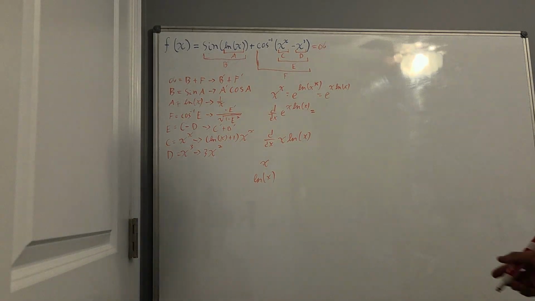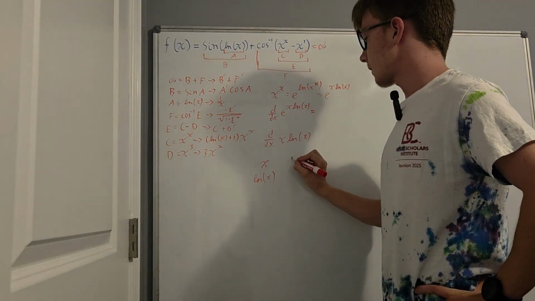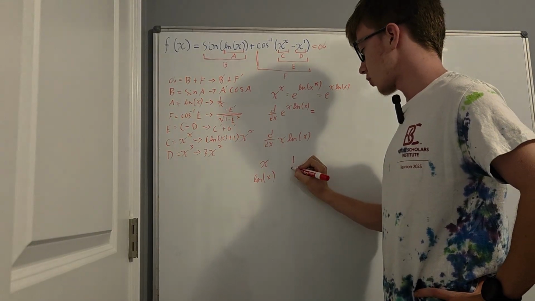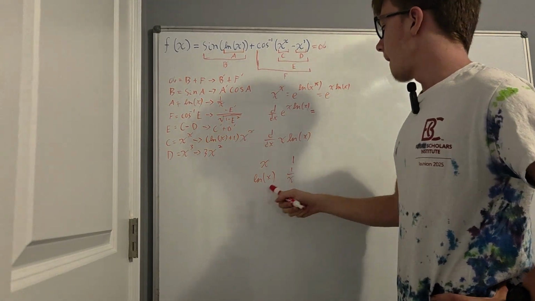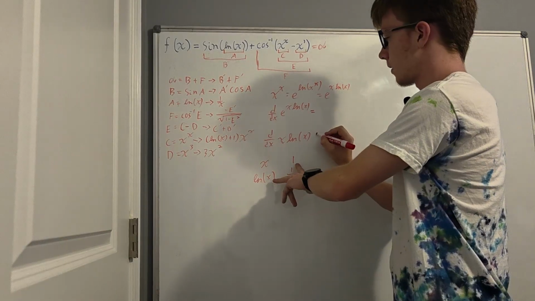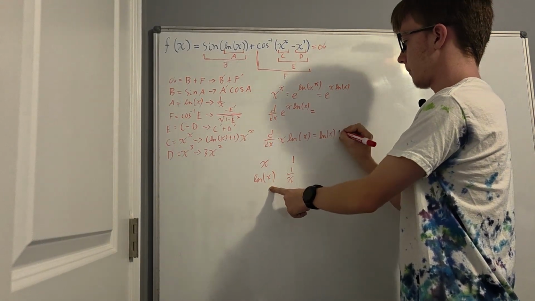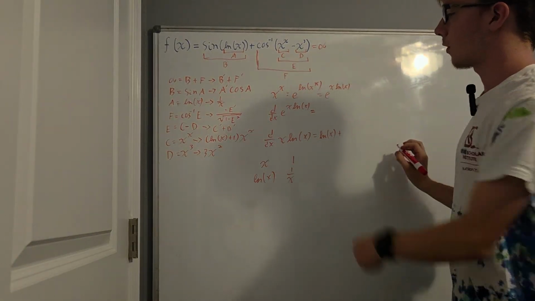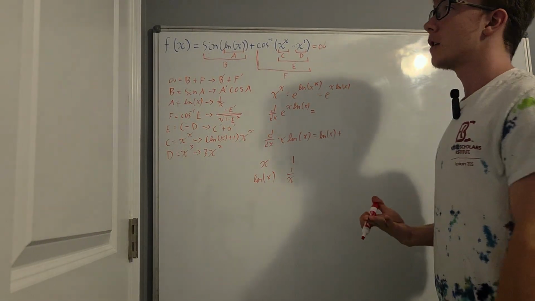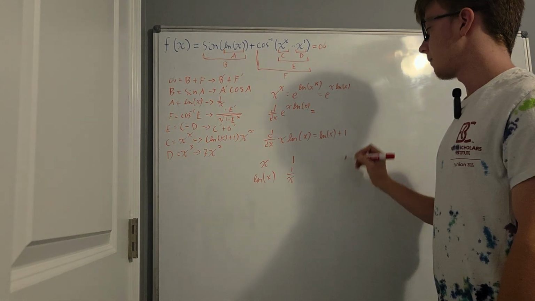And now we look at their derivatives. The derivative of x is 1, derivative of natural log is 1 over x. And then we just multiply across. So we got ln of x plus x times 1 over x is going to be x over x, which we can simplify down to 1.